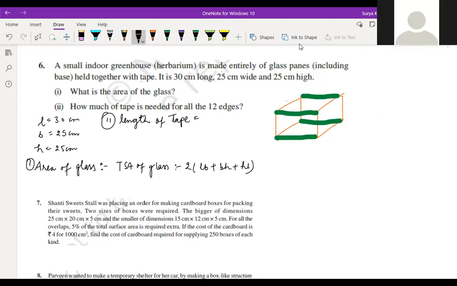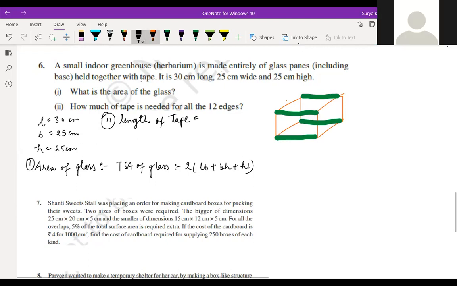So what should I write here? Length of the tape, what should I write over here? 100. Yeah, 100 centimeter, like 1 meter.